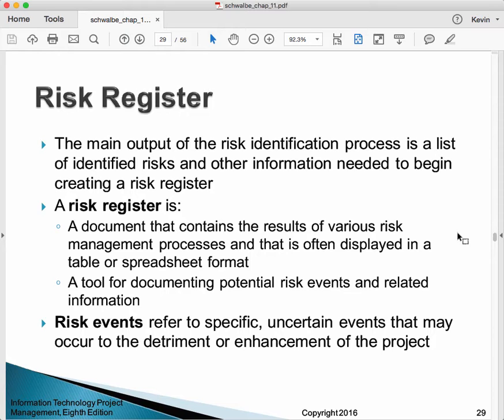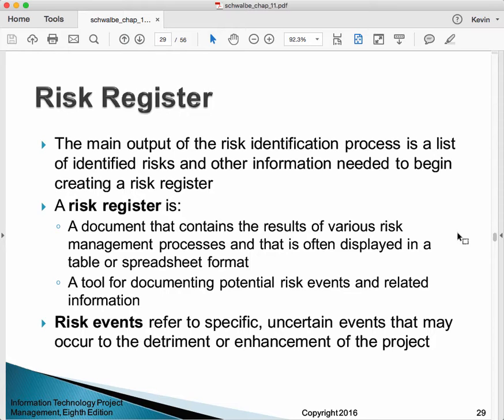Now we're going to talk about some of the artifacts, some of the documents that you could produce while you're doing your risk planning. And the primary one, which is used pretty broadly, is called a risk register.